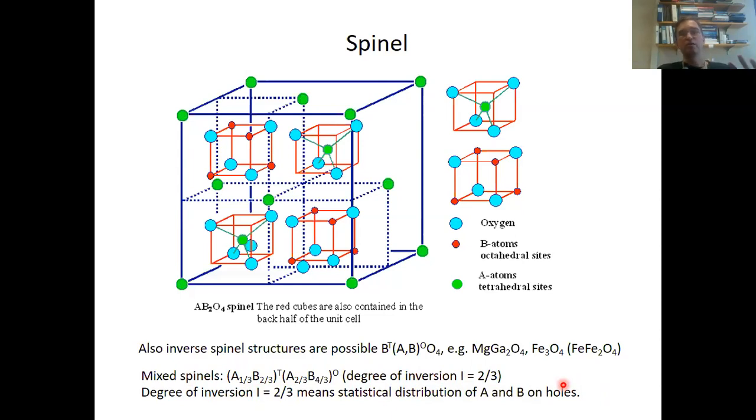All right, so this is the Spinel structure and the inverse Spinel structure, as well as the mixed Spinel structure, which will be our last more complex structure that I wanted to discuss. Of course, there are many more crystal structures, but the discussed ones can be considered to be the most important ones, the ones that actually occur most frequently in nature.